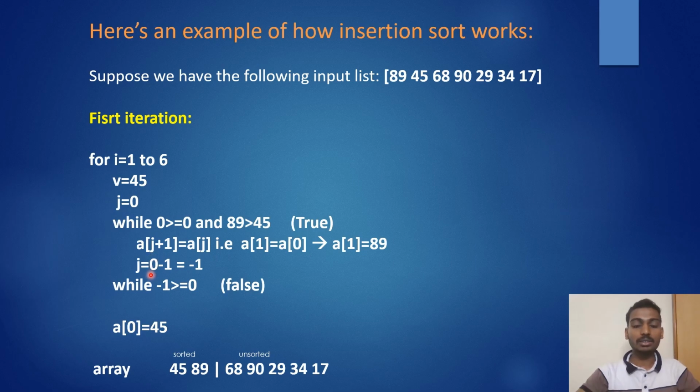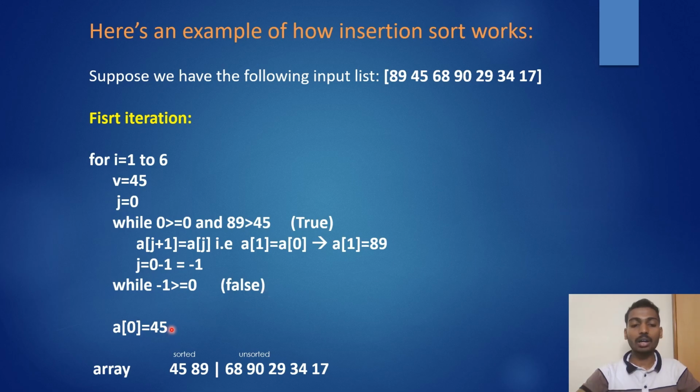Then j is decremented: j equals 0 minus 1, that is minus 1. Then we execute the while loop condition again, where j, that is minus 1, is greater than or equal to 0. This is false.